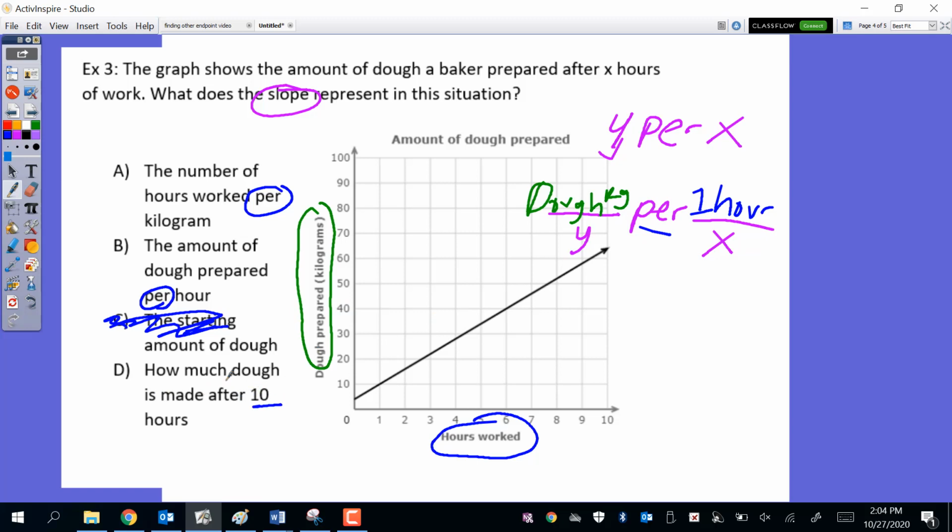This said 10 hours? Definitely not. Okay, so we narrowed it down to these two. Now this one, before per, said number of hours. What was supposed to come first was dough or kilograms. So this said hours first, that cannot be it. This one said the amount of dough prepared per hour. That's dough per hour. So the answer is B.